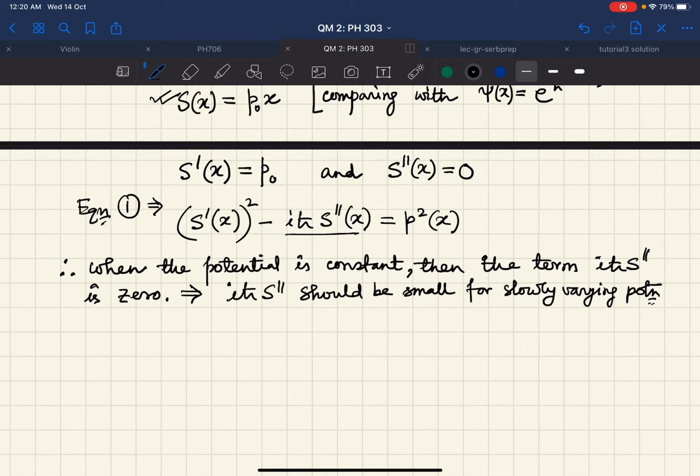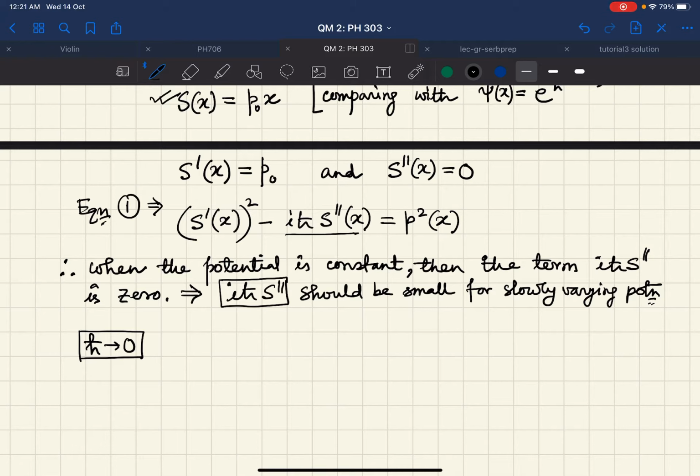So it is clear that the term iħS'' is very small when the potential is slowly varying. Therefore, this can be very well implemented by considering the ħ going to 0 limit. This is what is basically meant by saying iħS'' is small.